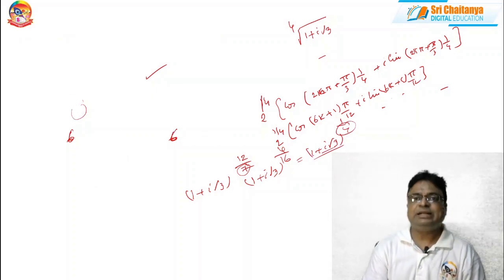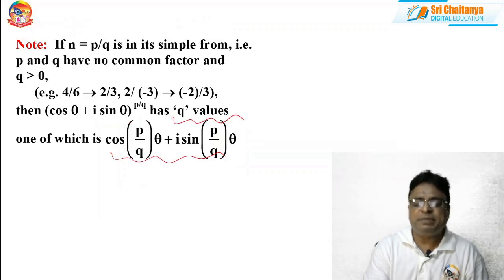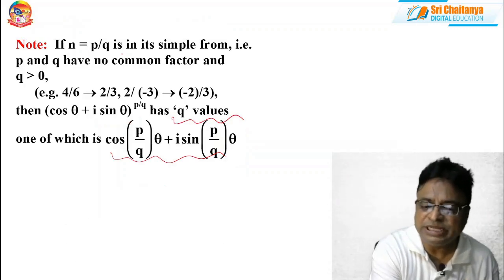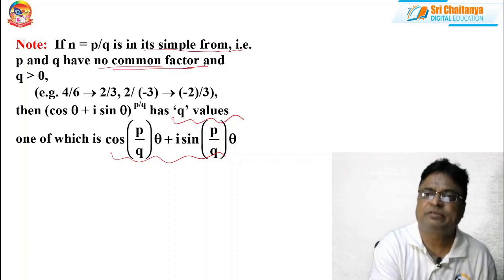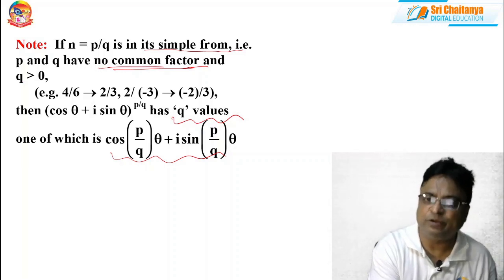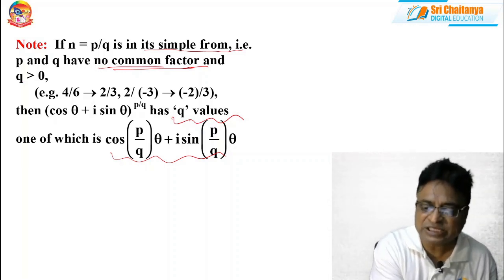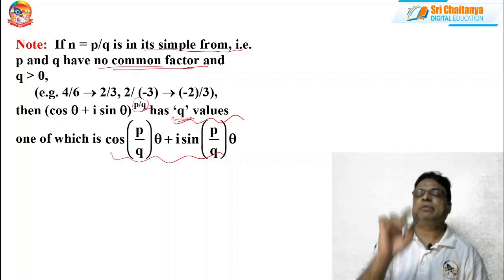That's why in the beginning, I mentioned p by q, where n is equal to p by q in its simple form, that is p and q have no common factor. Whenever p and q have no common factor and q is greater than 0, then only this has q values. So based upon the denominator, it has that number of values.